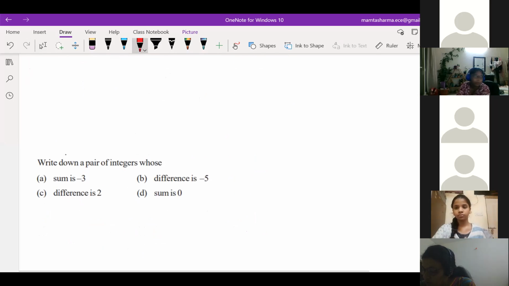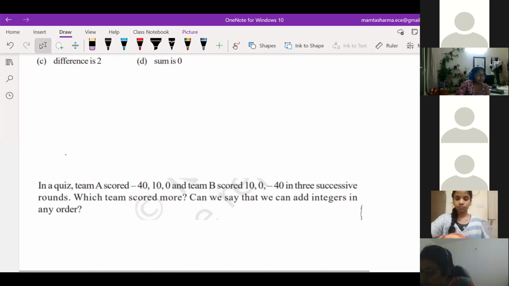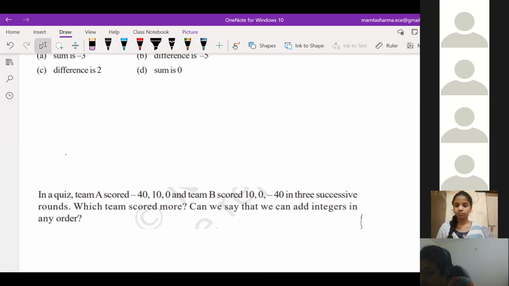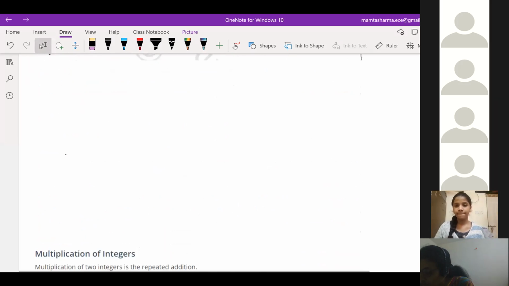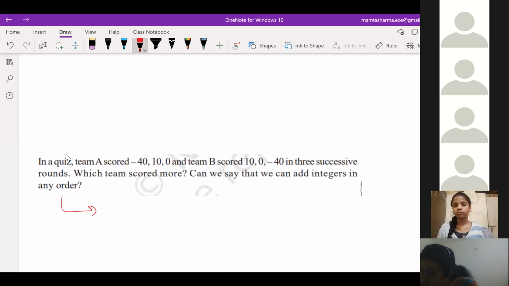Now, this question is also easy, I think. Can we say that we can add integers in any order? Yes, ma'am. We can add in any order, but we cannot subtract in any order.